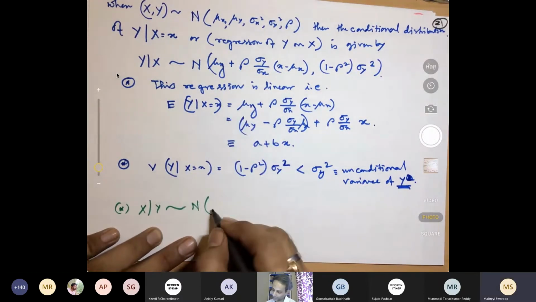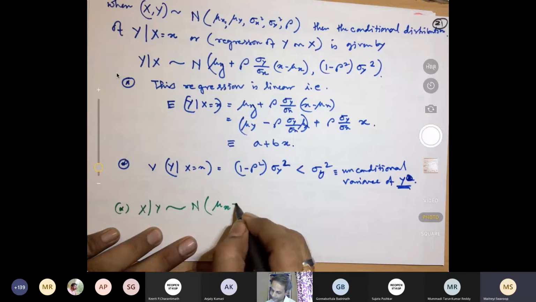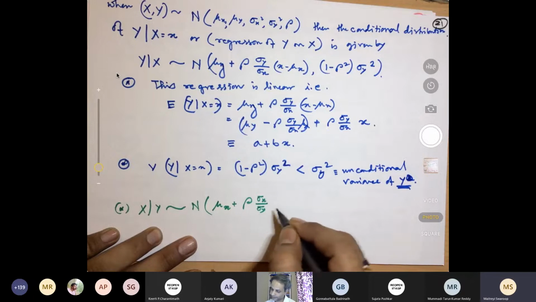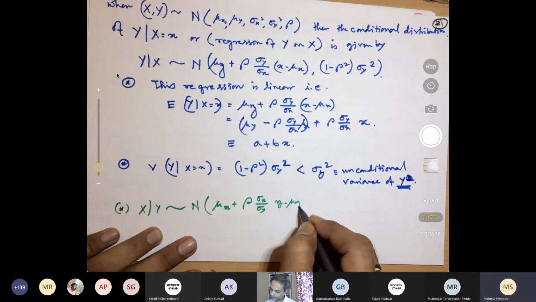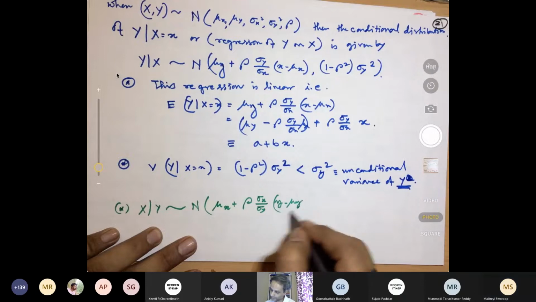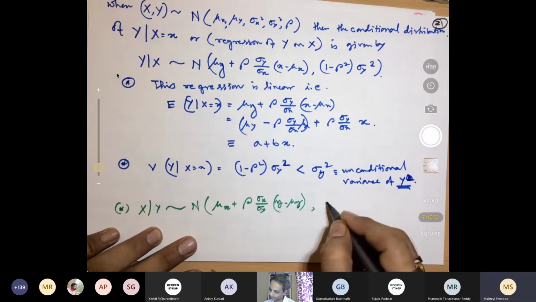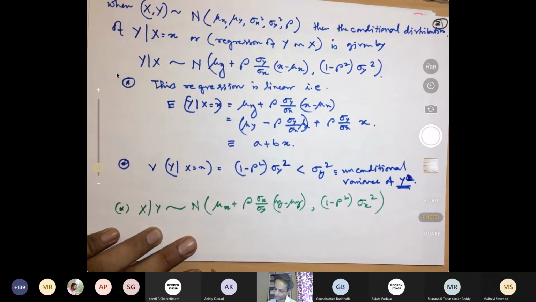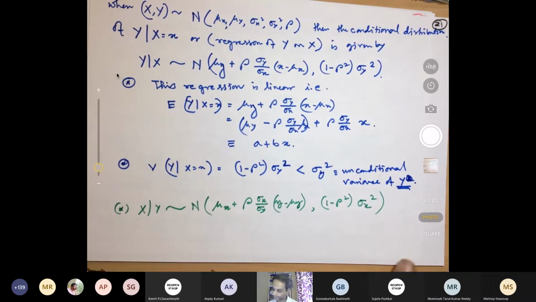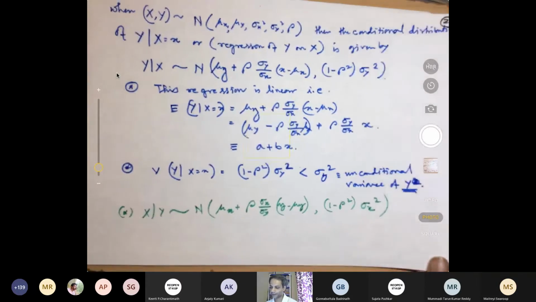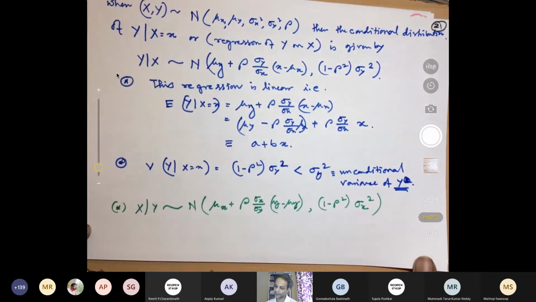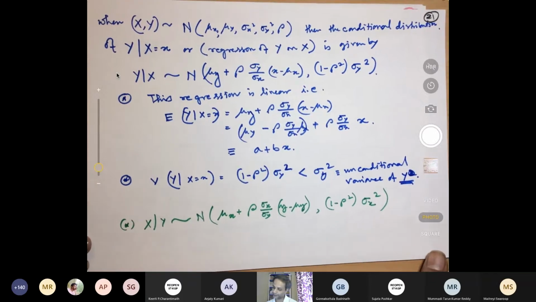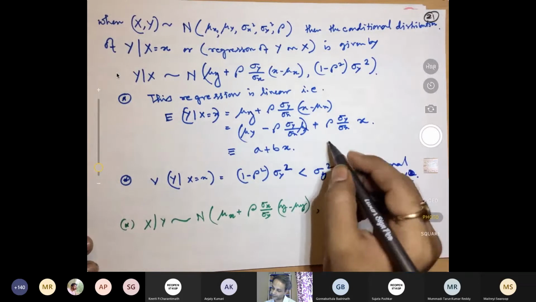So it'll just be normal, mu x plus rho sigma x by sigma y into y minus mu y. This is the mean part complete. 1 minus rho square as it is, and again sigma x square. So this is from symmetry. This is the entire structure of the bivariate normal and its conditional distribution, and interestingly, this is linear.